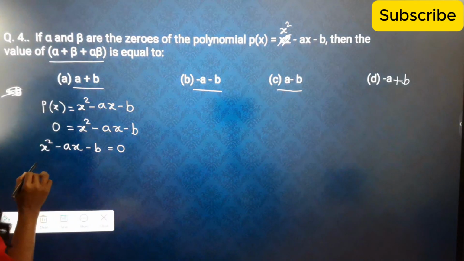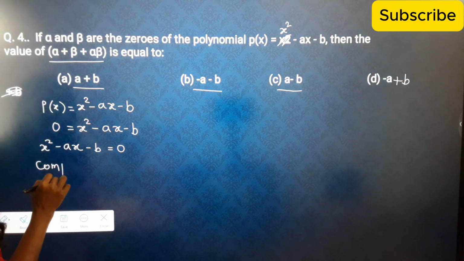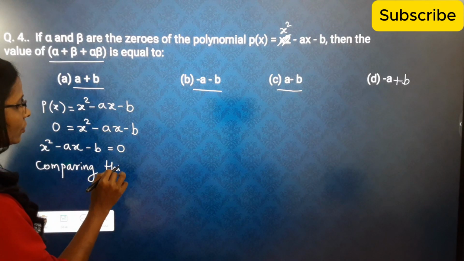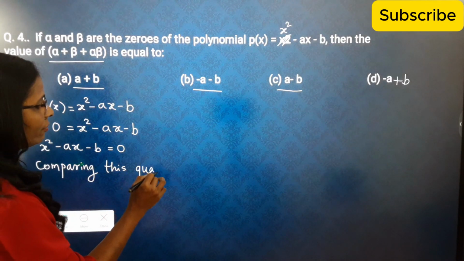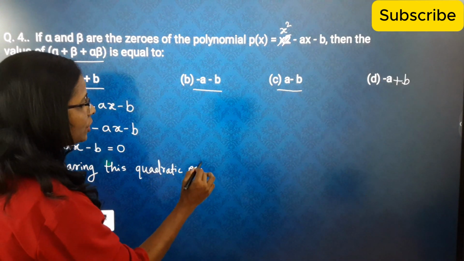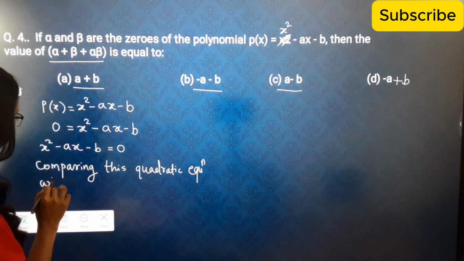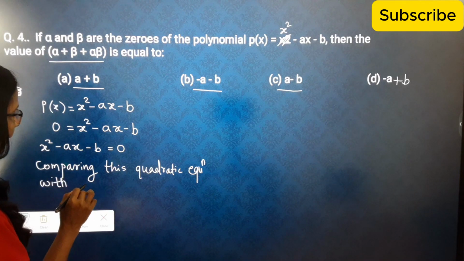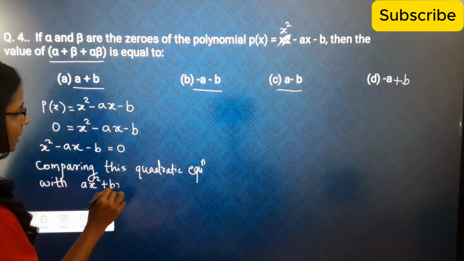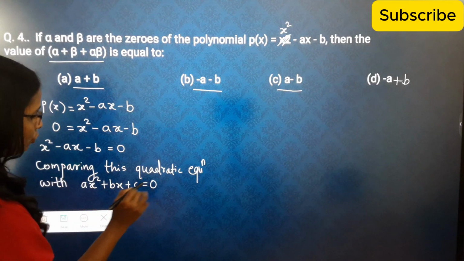So here we compare this quadratic equation with ax square plus bx plus c is equal to 0.